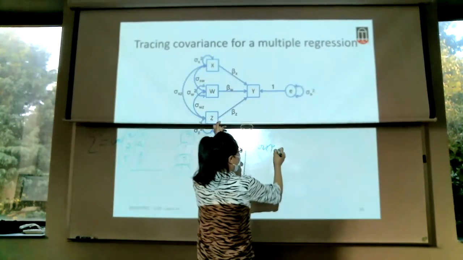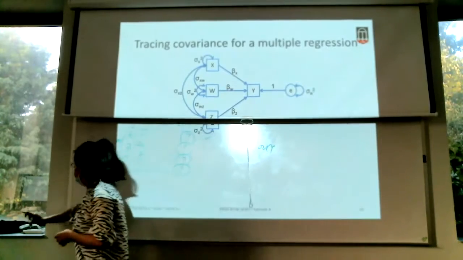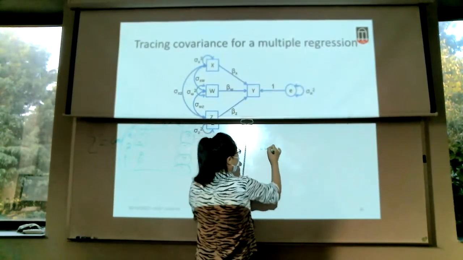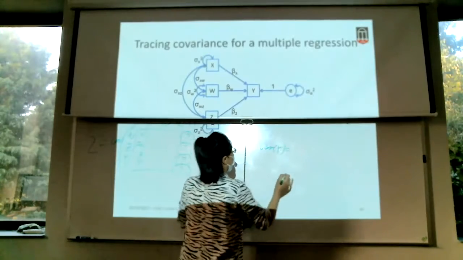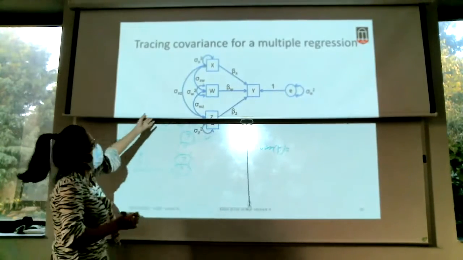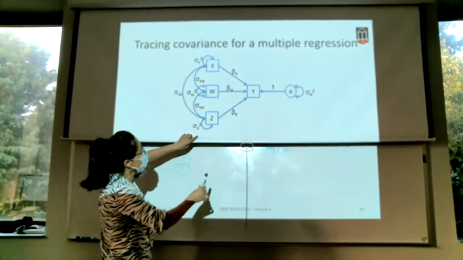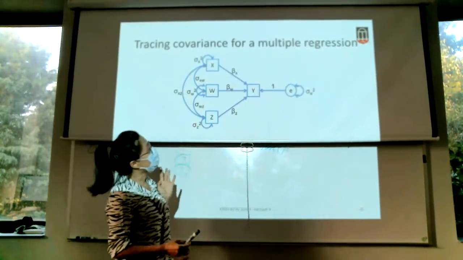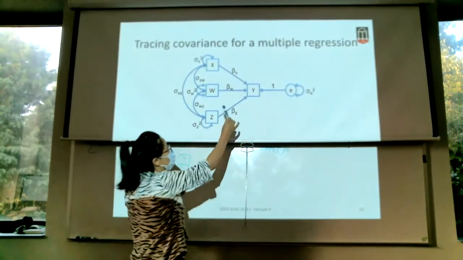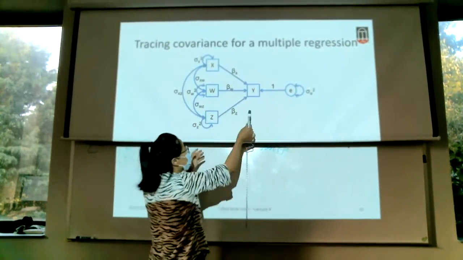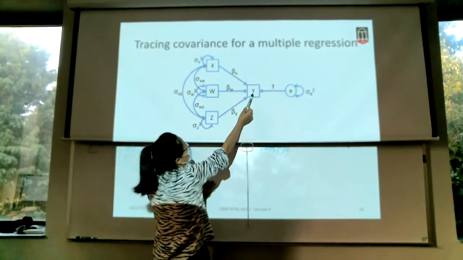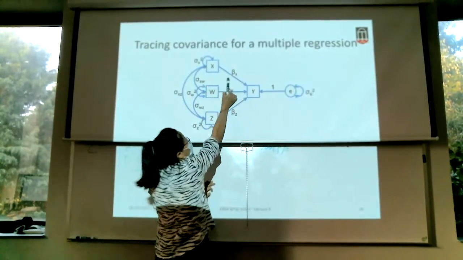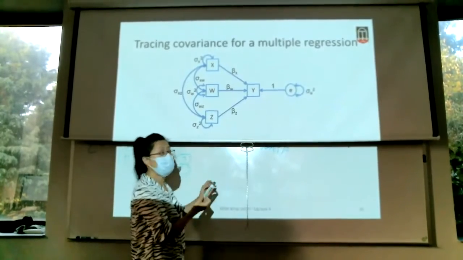Covariance between Y and Y. This is the variance of Y. There are so many possible ways, starting from Y and going back to Y. Let's just look at one possible path. We can go to X and go back to Y. That's a very simple case.